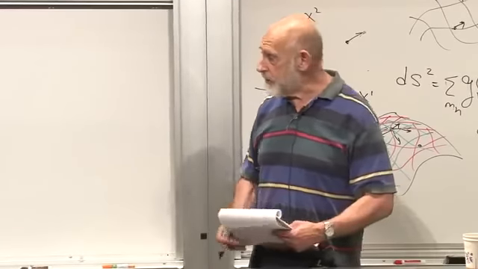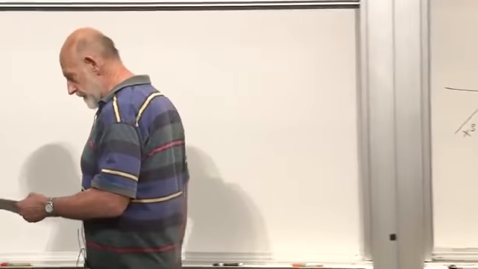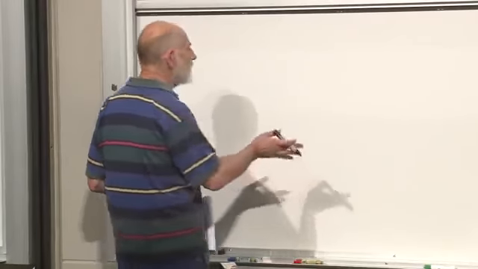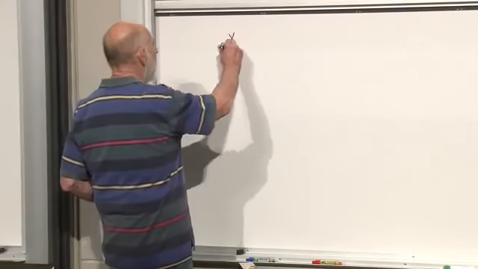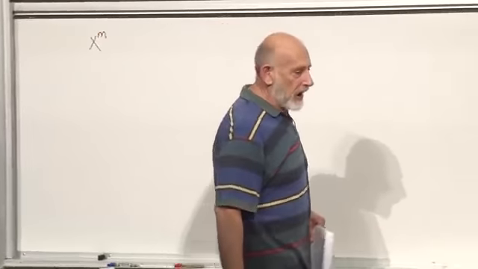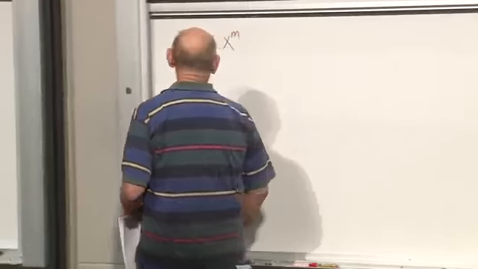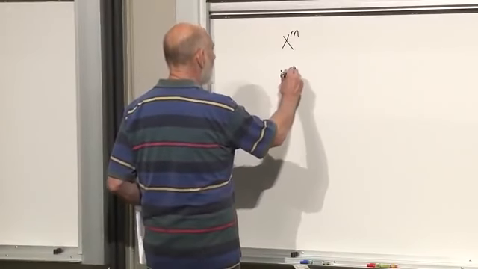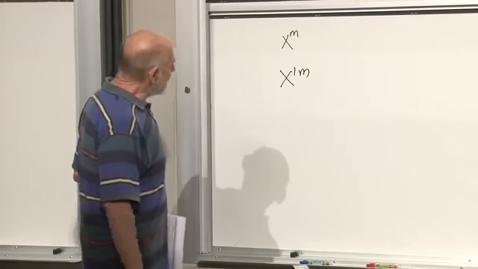with a simpler thing than g_mn of x. Let's suppose there are two sets of coordinates. There's a set of coordinates x^m, and I could call the other coordinates x prime, but then I'm going to have a horrible notation where we'll have x prime m, oh boy, it looks like x prime 1 would be x11.